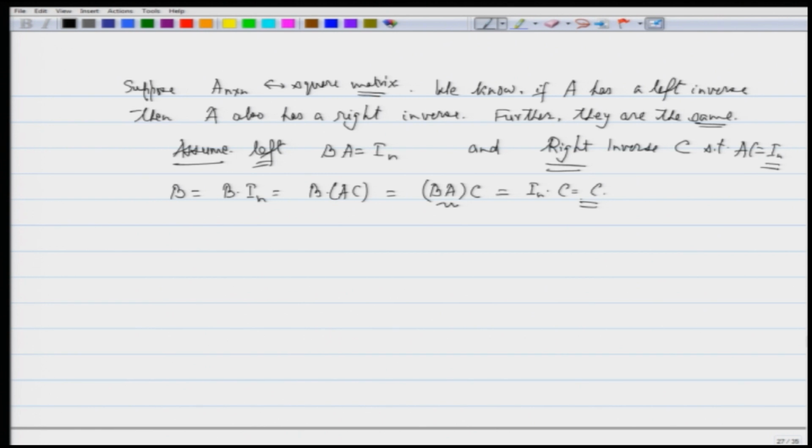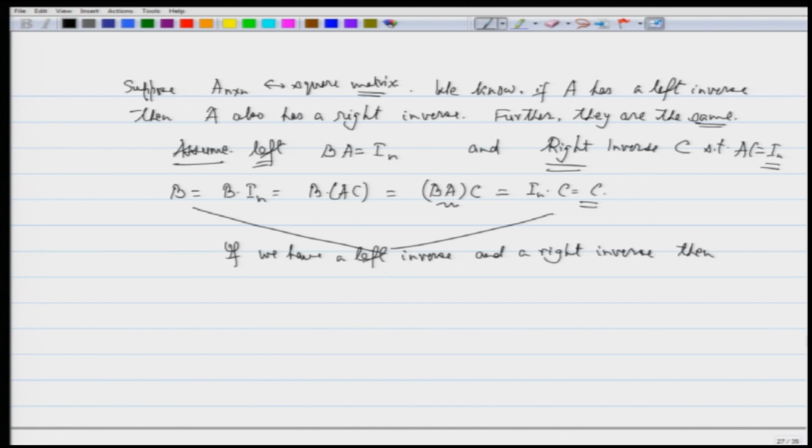So, here what we see is that if we have a left inverse and a right inverse, then they are equal.